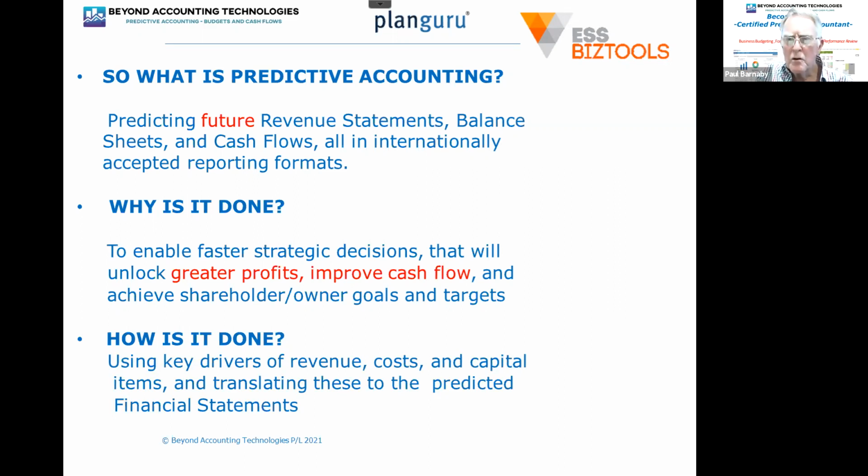It's no longer any use taking last year's actual results out of our historic accounting system, putting it into next year and adding a bit for inflation or whatever and saying that's the budget. Because if the budget's not attained, what went wrong? If we sell products, was it the number of products we sold? Was it the price we sold it at? Was it the market we were in and not in another one? Was it the number of staff we had on board? Those are all those drivers.